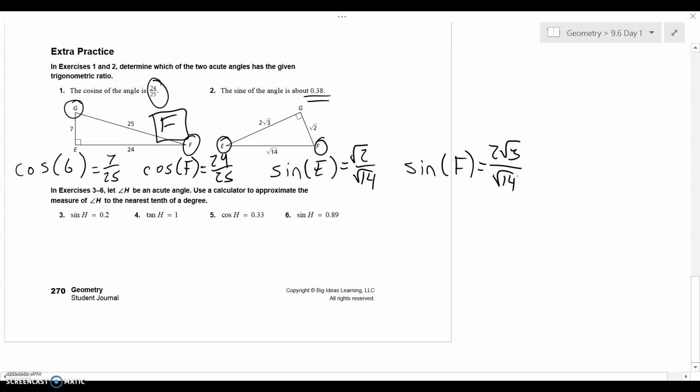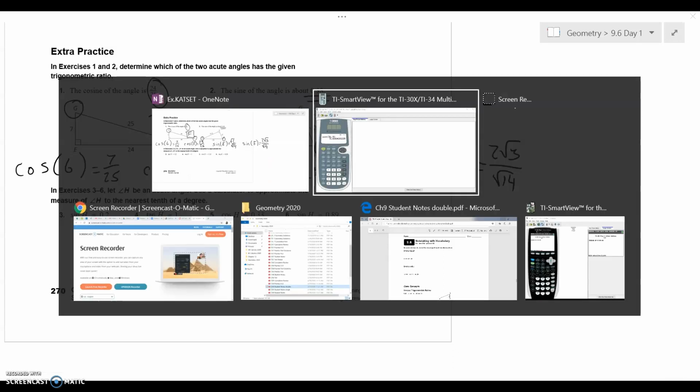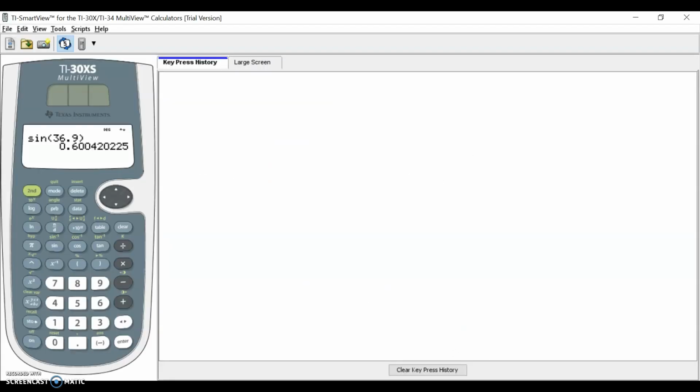And we can't see which one of those would give us 0.38, but we can just go into the calculator and check, plug it in. So I'll start with sine of E, which I think, if I'm not mistaken, ends up being the answer. So that's square root of 2 over square root of 14, but let's check here. So if we do square root of 2 over square root of 14, we should get that decimal.